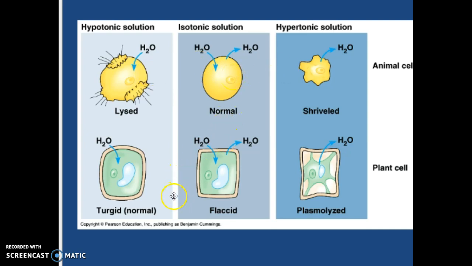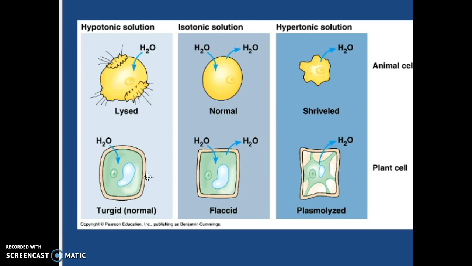Now, plant cells are a little bit different, and we're going to check this out for real in lab with the Elodea plant. But as you remember, plant cells have a cell wall, and that cell wall keeps them from exploding. So in a hypotonic solution, the central vacuole, which isn't shown as well in this picture, but that's okay, is full of water, because all the water is rushing in, and that pushes against the cell wall and helps keep the plant upright.